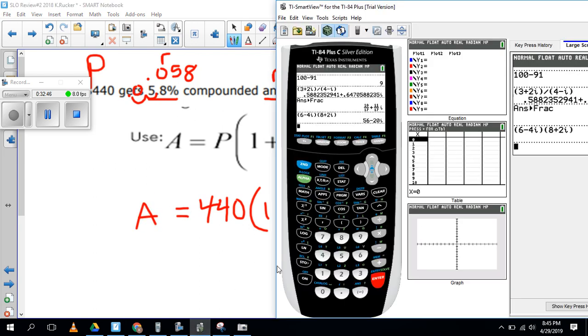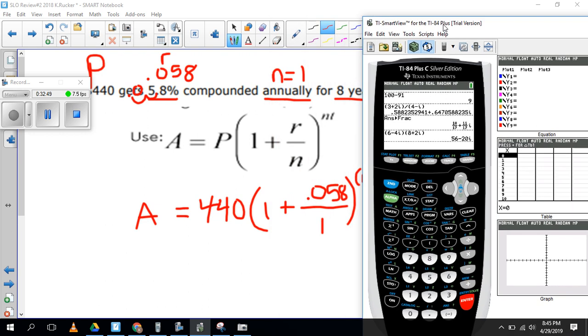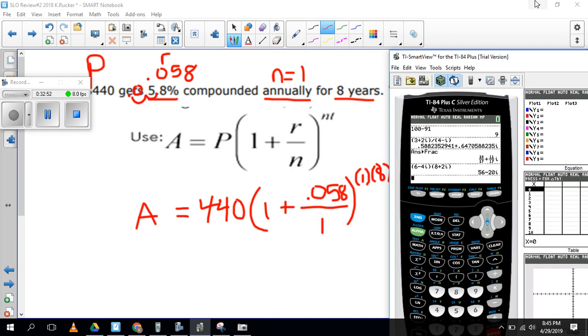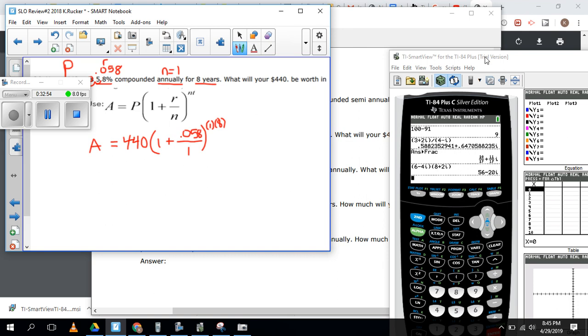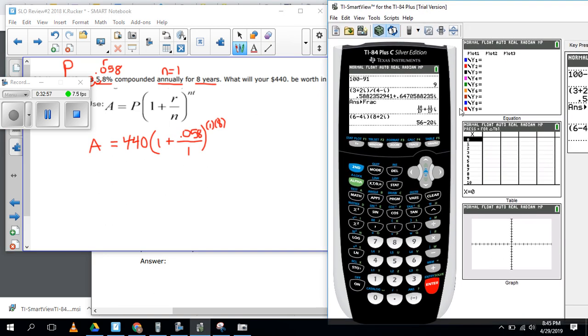So I'm going to pull this up to show you. I'm going to minimize this one. So we're going to put this in our calculator the way we see it. 440, so 440 parentheses 1 plus 0.058 divided by 1, and then we hit the caret key, and we want these in parentheses. 1 times 8, and then we hit enter.